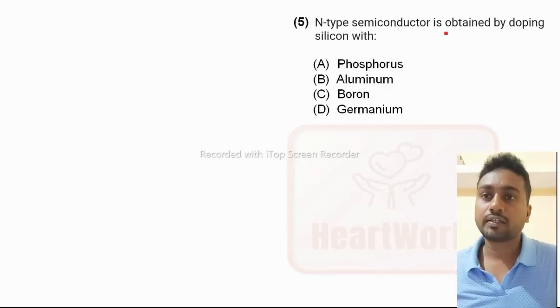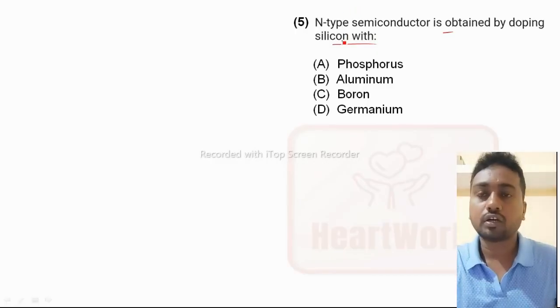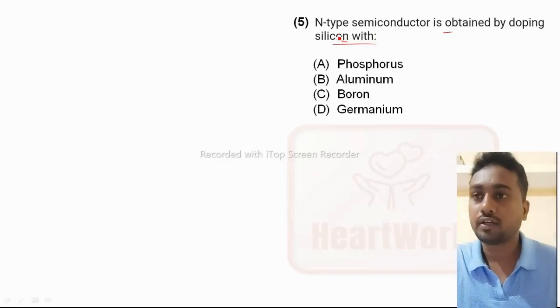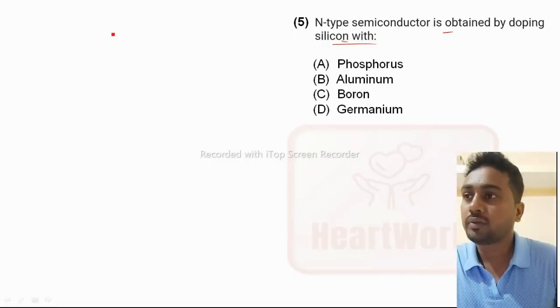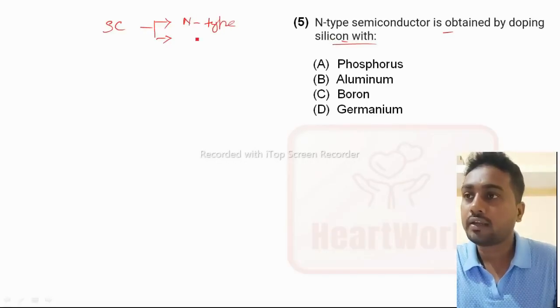Okay, next, N-type semiconductor is obtained by doping silicon. So N-type semiconductor is obtained by doping silicon with which element, the question is asking. There are two types of semiconductor: N-type and P-type.